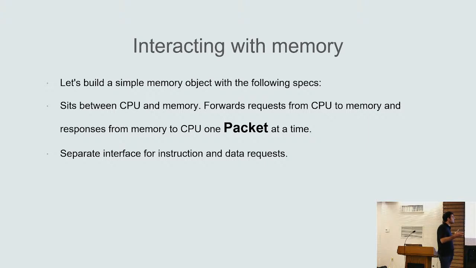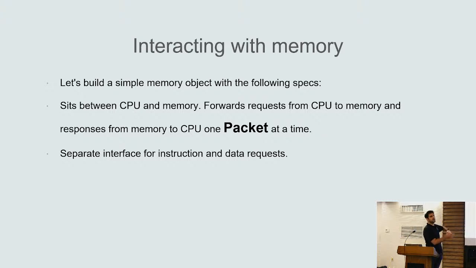The task at hand is to design a SimObject that sits between the CPU and the memory. It basically forwards the requests from CPU to memory and responses from memory to CPU, one packet at a time. It also has separate interfaces for instruction and data, because the CPU also has separate interfaces for instruction and data.